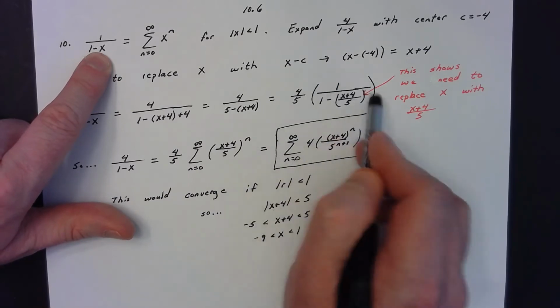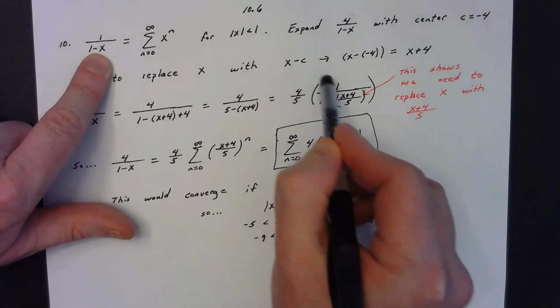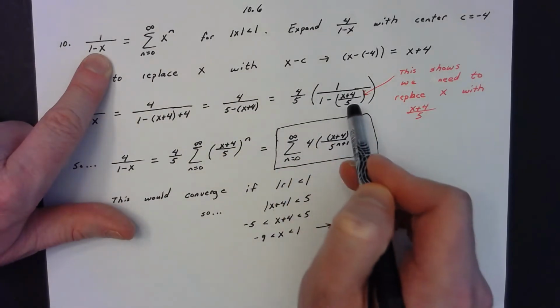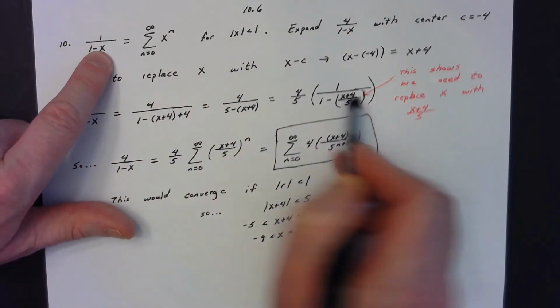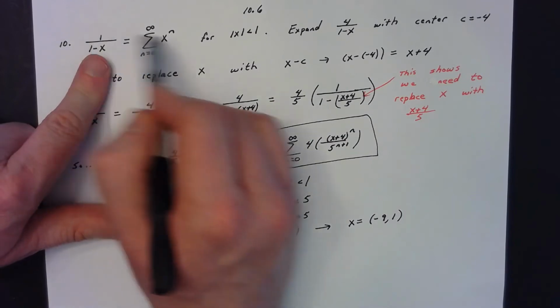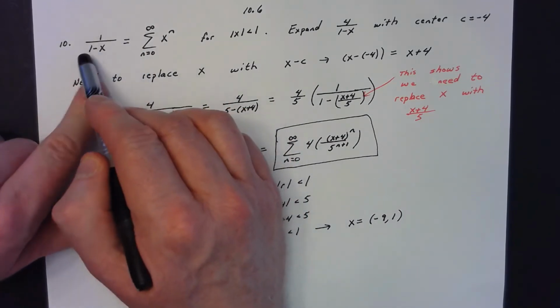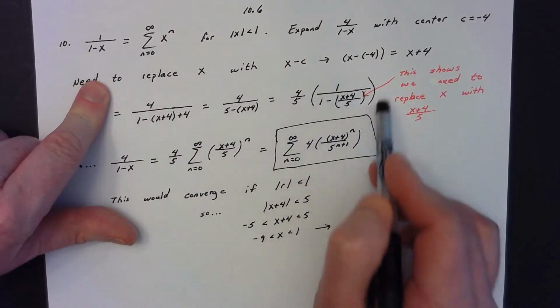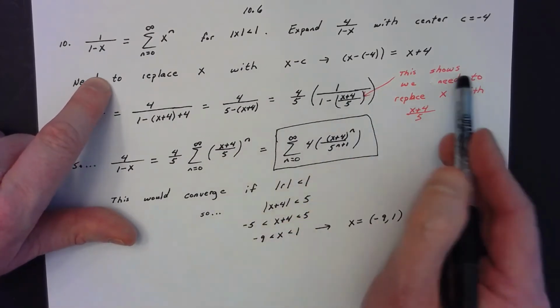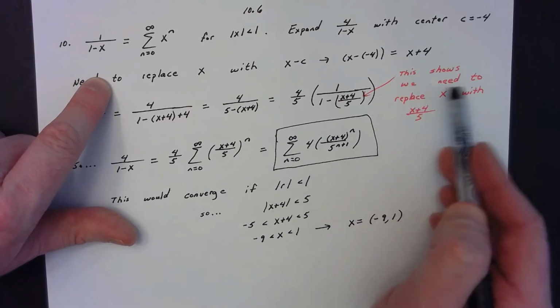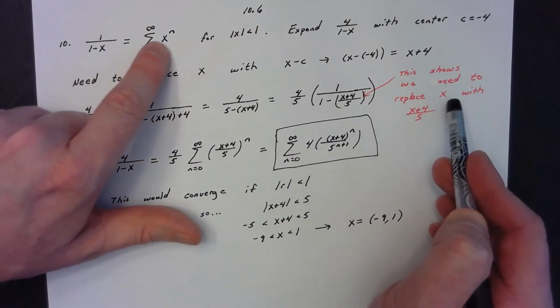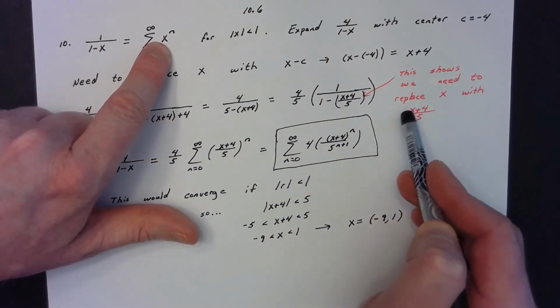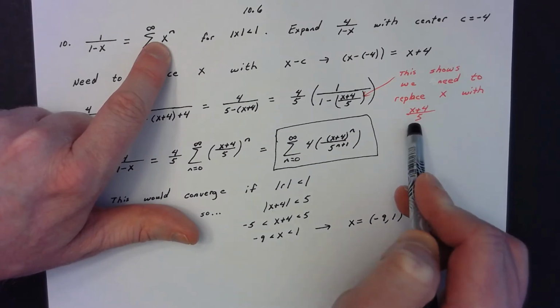And then you say, okay, I'm supposed to fit this into this format, so I can see x needs to be replaced inside my summation. If I know that this summation works for 1 over 1 minus x, well, now I have 1 over 1 minus this group. That's what I tried to show here, that we need to replace x inside the series with the group x plus 4 over 5.